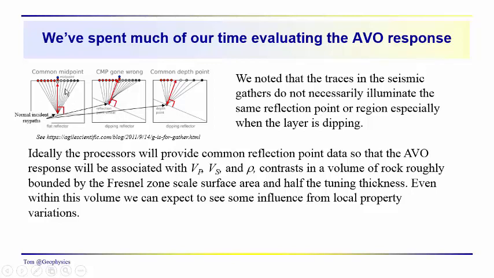Now over here we're just pointing out that when these traces in the gather are stacked, we get what's referred to as a normal incidence ray path or a normal incidence seismogram. And you can see in this particular case we have a common midpoint, but if we follow that ray path down to this interface, the information that's getting stacked together and is displayed as a coincident source receiver record actually has data or responses that come from up dip of this particular location.